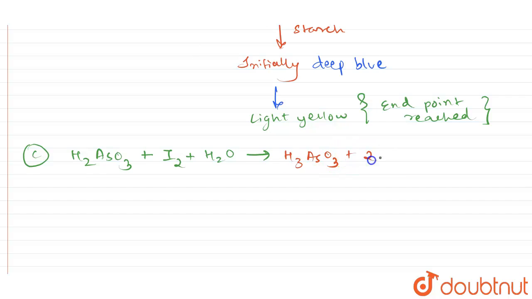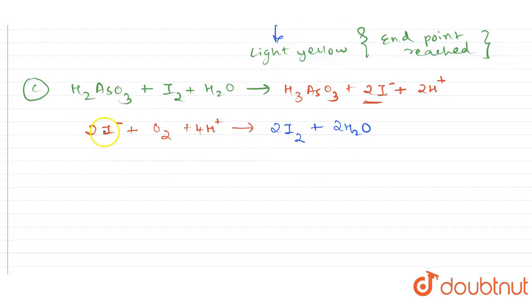In addition to this, we will have 2I minus plus 2H plus, and obviously H2O is also involved. So this 2I minus which is formed undergoes a reaction like this: 2I minus plus oxygen, and then also we have acidic medium, right? So it is 4H plus. This forms 2I2 plus 2H2O.